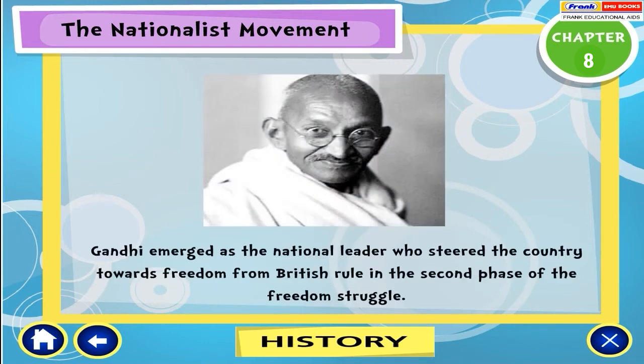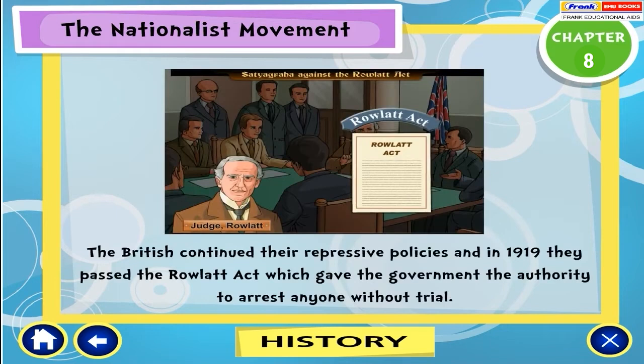Gandhi emerged as the national leader who steered the country towards freedom from British rule in the second phase of the freedom struggle. The British continued their repressive policies, and in 1919 they passed the Rowlatt Act, which gave the government the authority to arrest anyone without trial.